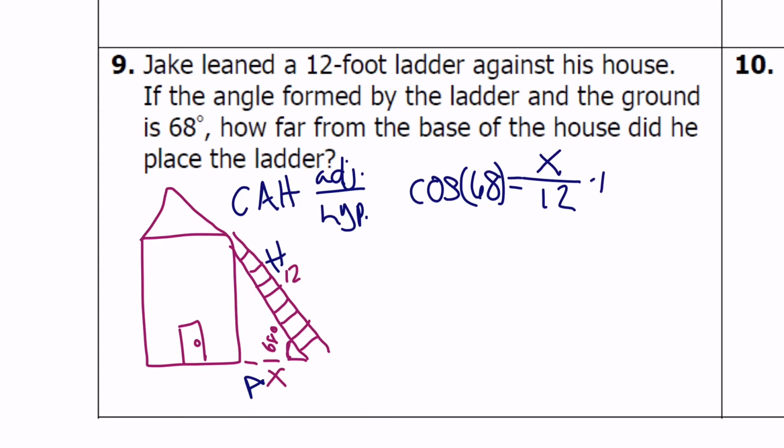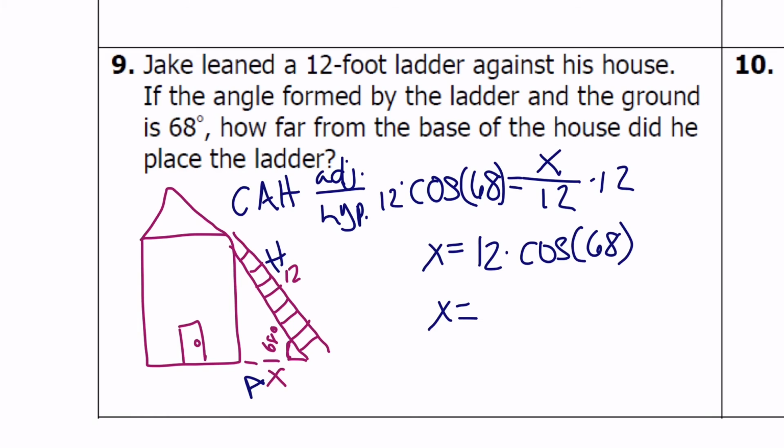I've got to multiply both sides by 12. x equals 12 times the cosine of 68. When I put that in my calculator, I type 12 times, I hit that cosine button, and then I put 68 in the parentheses. That should give me about 4.5. So the ladder is standing 4.5 feet away from the house.